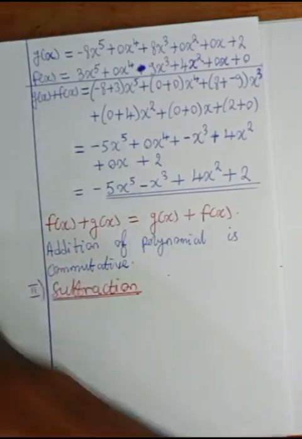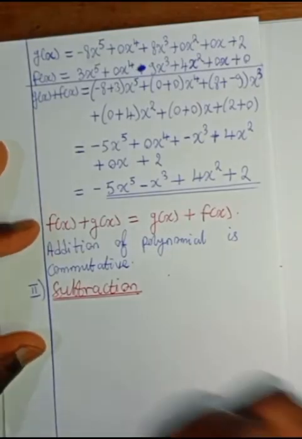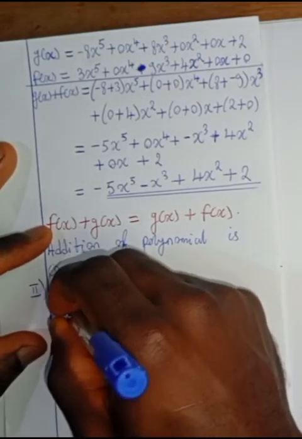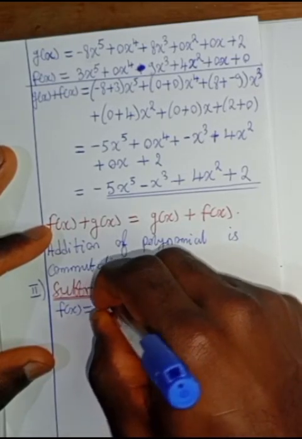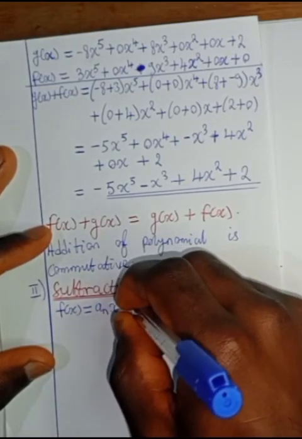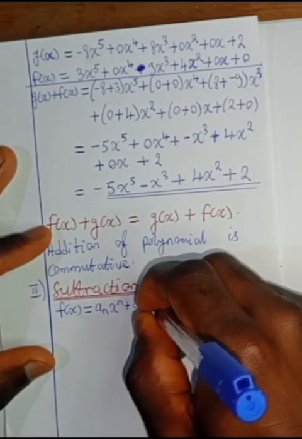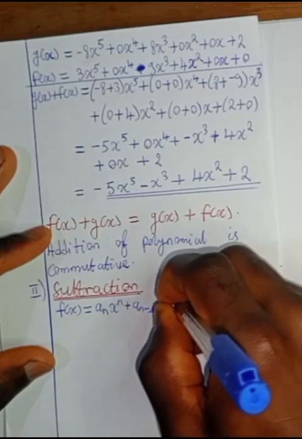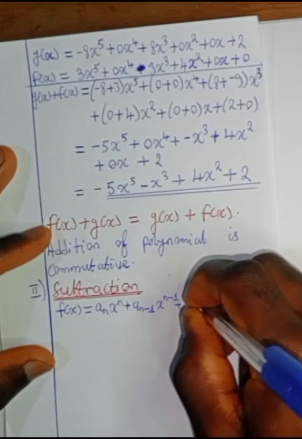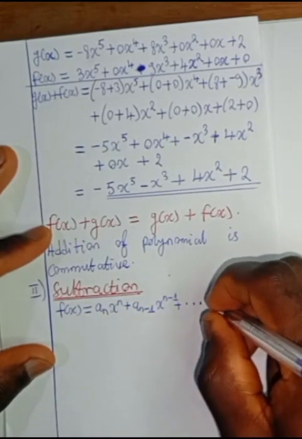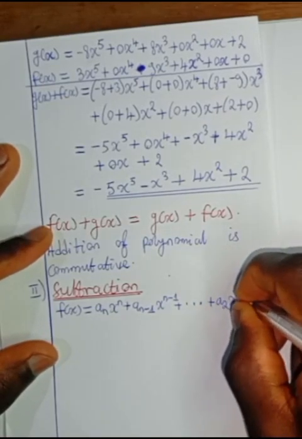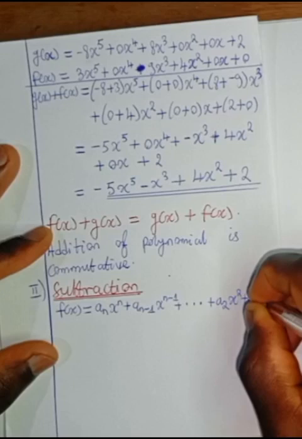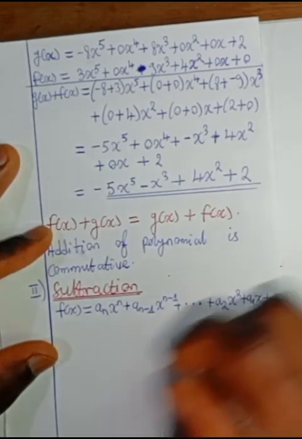We are still going to make use of our f of x and g of x. F of x is equal to a subscript n, x to the power n, plus a subscript n minus 1, x to the power n minus 1, plus 3 dots, plus a subscript 2, x squared plus a subscript 1, x plus a0.